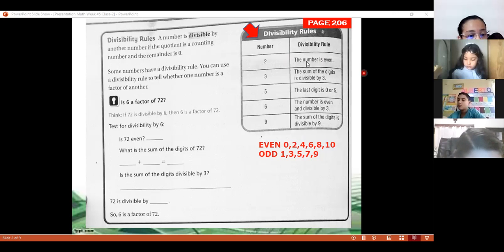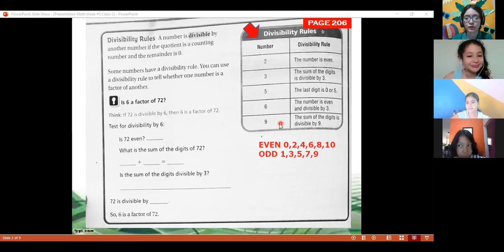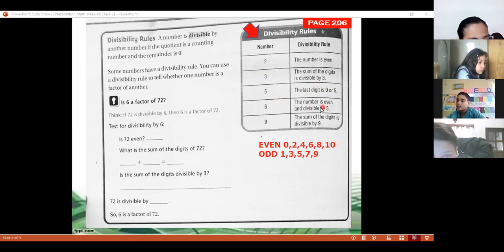Because 2 times 2 equals 4, and the remainder is 0. So even numbers. We say that a number is divisible by 3 if the sum of the digits is divisible by 3, by 5 if the last digit is 0 or 5, by 6 if the number is even and divisible by 3. So 6 follows rule number 2 and rule number 3.